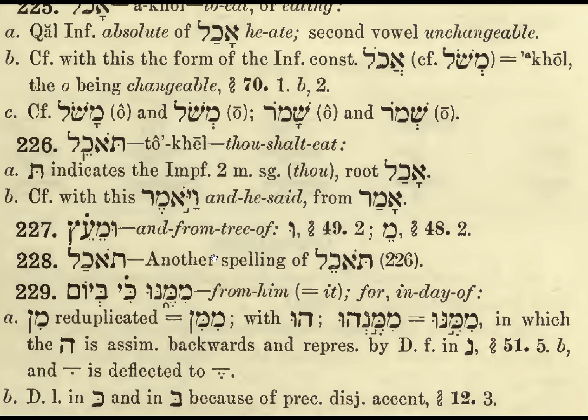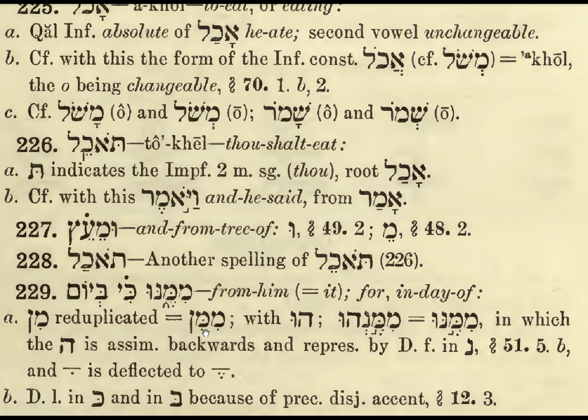The u here in front of the m. The e in front of the ghain. Tohal, a variant spelling of tohil. Mim minnu ki bayom, from him because in day of. Min reduplicated.